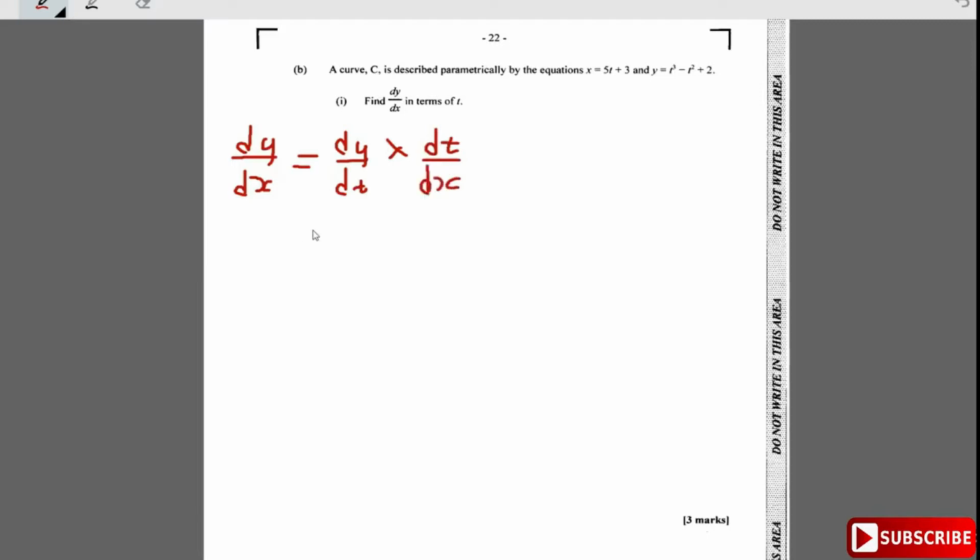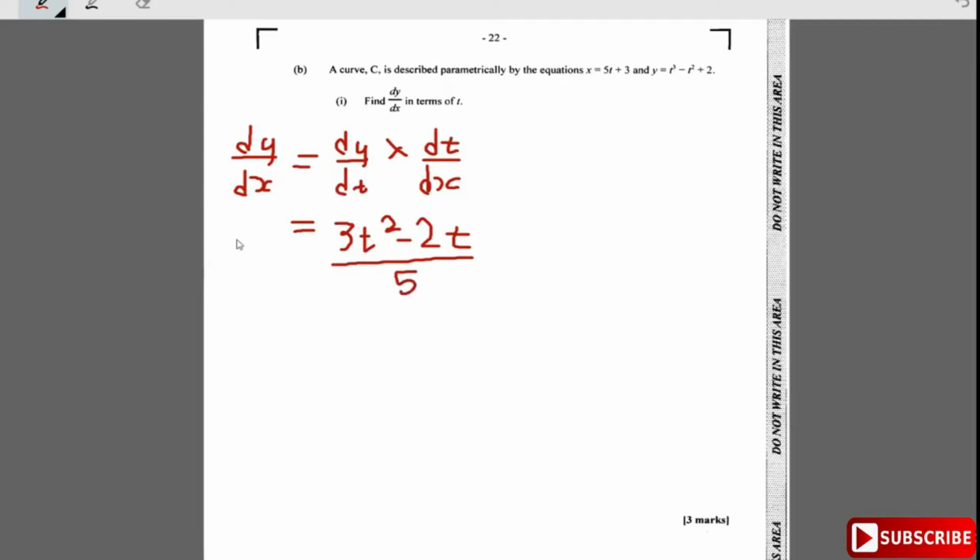And so dy by dt, we differentiate this, is going to be 3t squared. Now the differential of minus t squared is minus 2t. So that's dy by dt times dt by dx, which is divided by dx by dt. When you differentiate dx by dt, you just get 5.